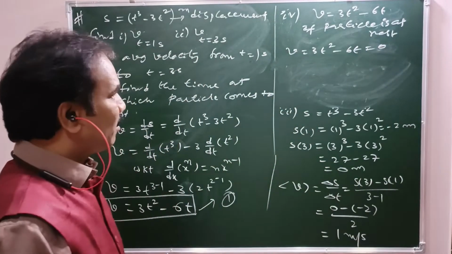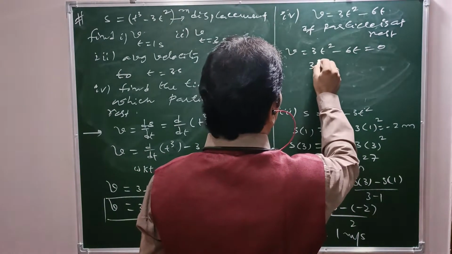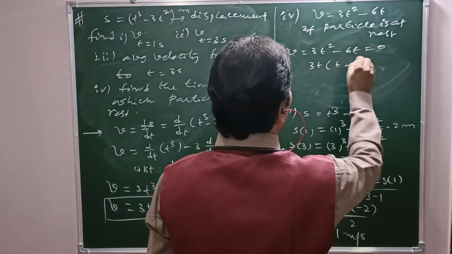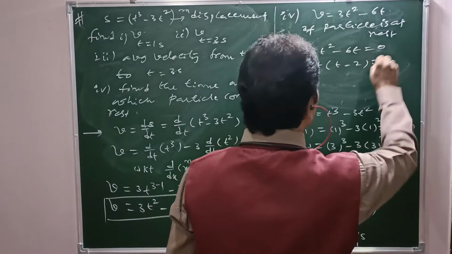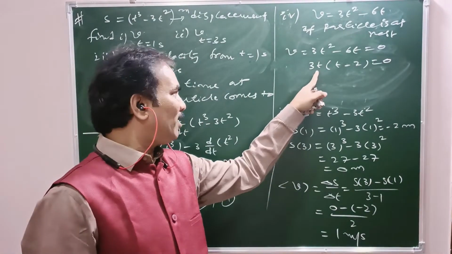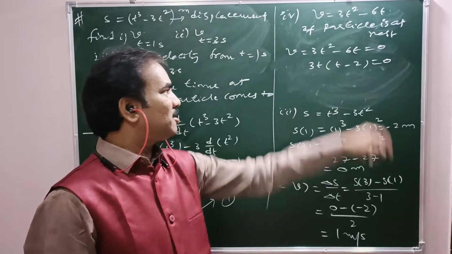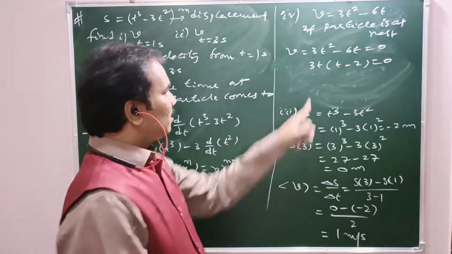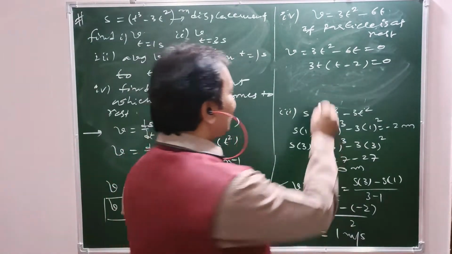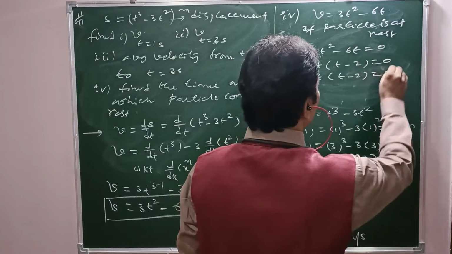Keeping 3t common, 3t of t minus 2 equals 0. That is 3t into t, 3t square, minus 2 into 3t, that is 6t. Now 3 is not equal to 0, so t into t minus 2 must be 0.